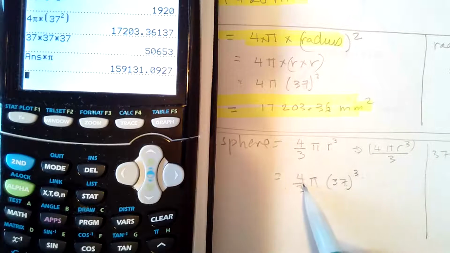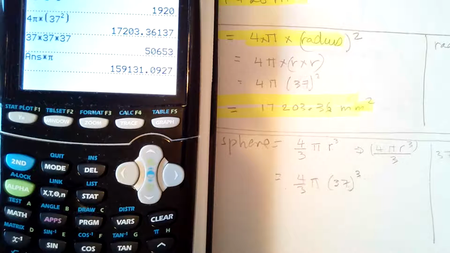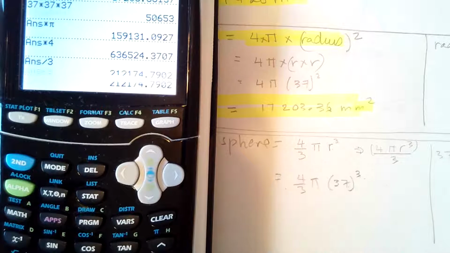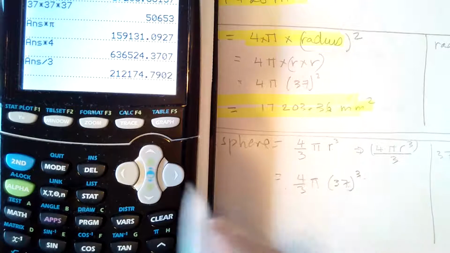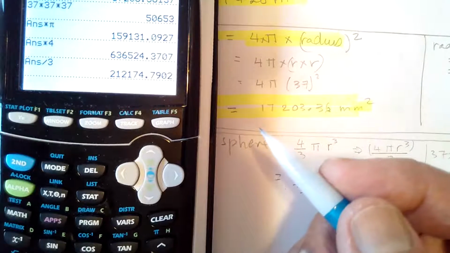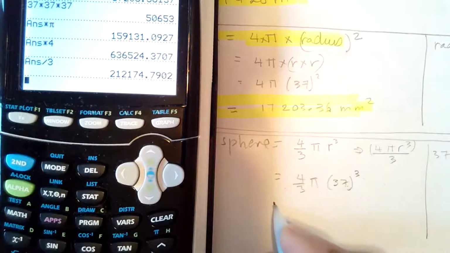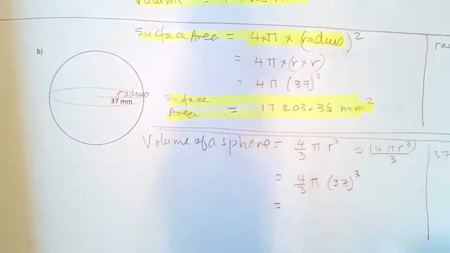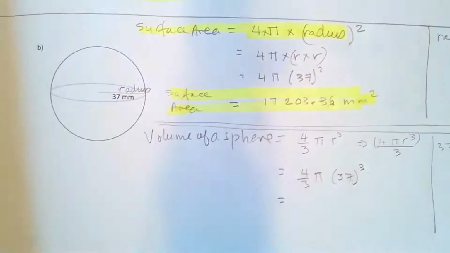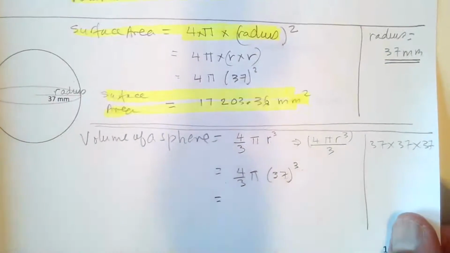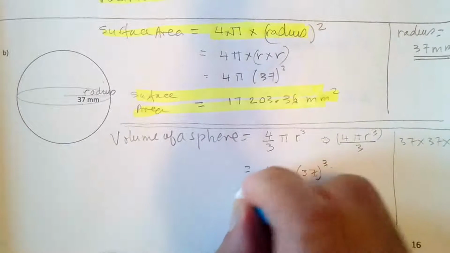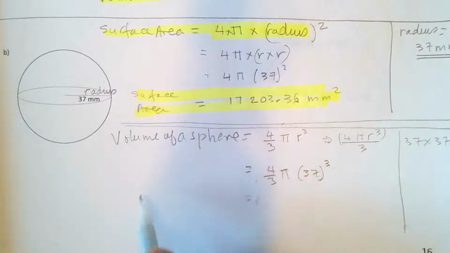Then I'll multiply it by pi. Now I have to multiply by 4 and divide by 3. So you can multiply this by 4 now, then divide it by 3. It gives me a result of 212,174. So I'll work this out so you can see. Let me make some more space on the side here.